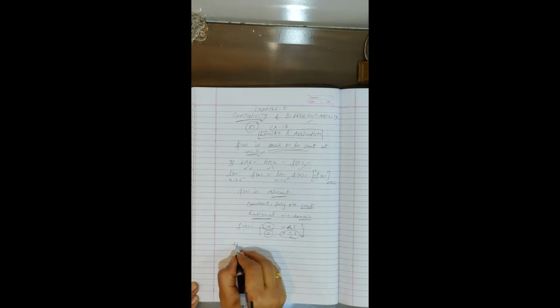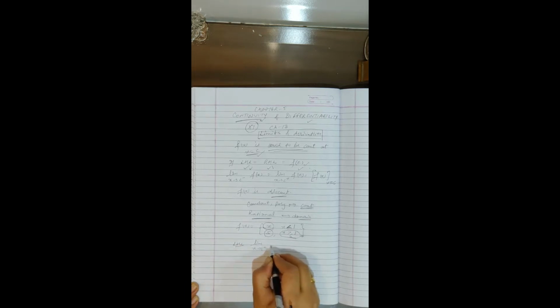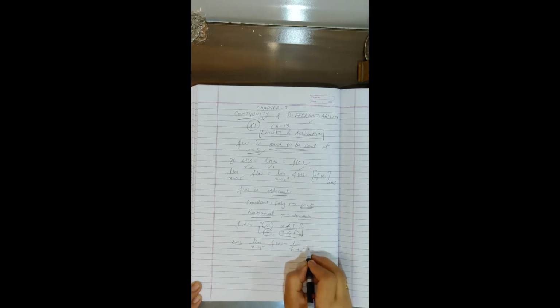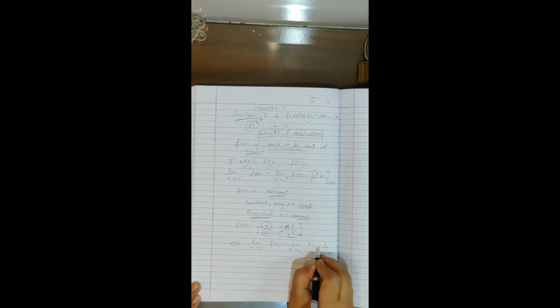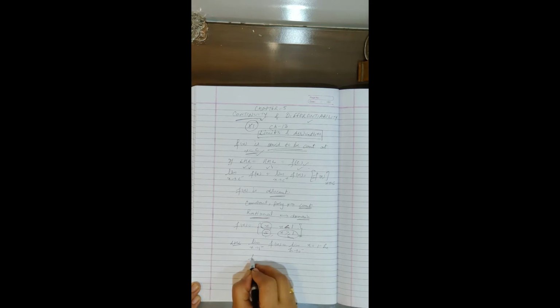So when you find the left hand limit, you will say limit x approaches 1 minus f(x), which will be limit h approaches 0 of 1 minus h, where x is replaced with 1 minus h. That gives you 1 minus 0, which is equal to 1.